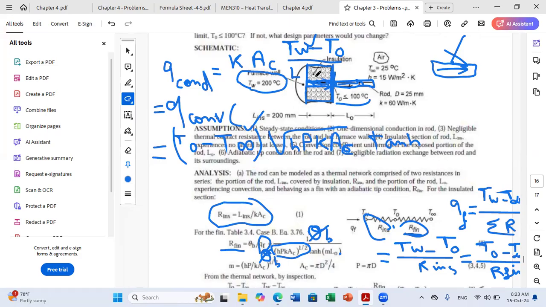It's good to decrease the conductivity of the rod to reduce the heat transfer through the insulated part, through the fin and the insulation part. But it's good to increase the conductivity on the other hand in order to enhance convection from the fin part exposed to the surrounding. So this is why here K needs to be optimized.